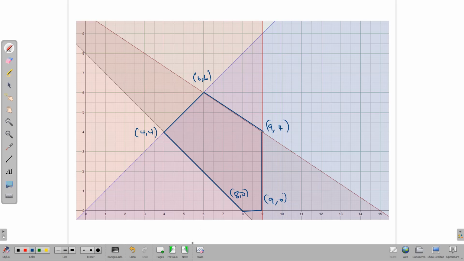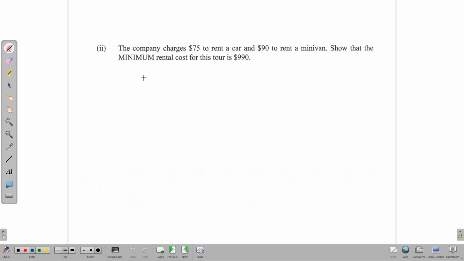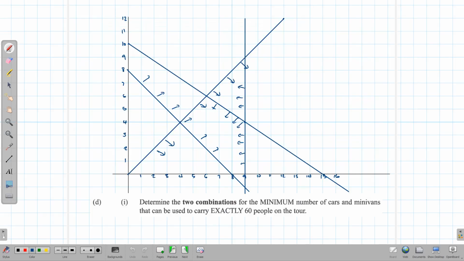All right. Now that we have those, we're going to look at what the question says. Determine the two combinations for the minimum number of cars and vans that can be used to carry exactly 60 people.